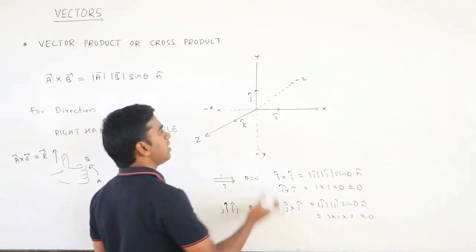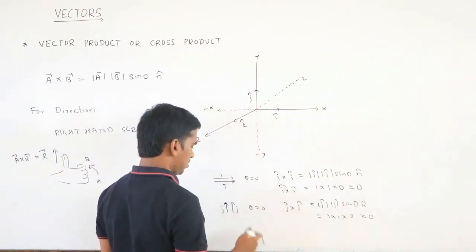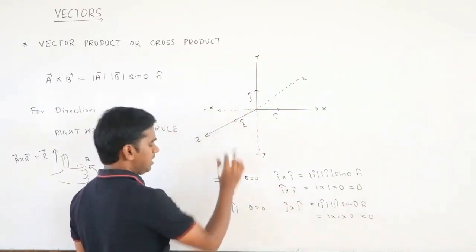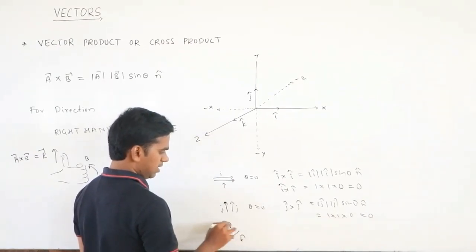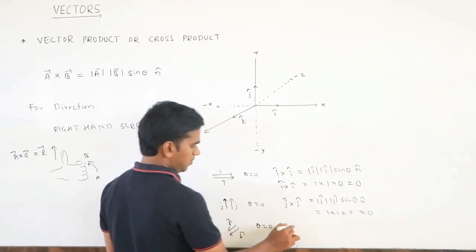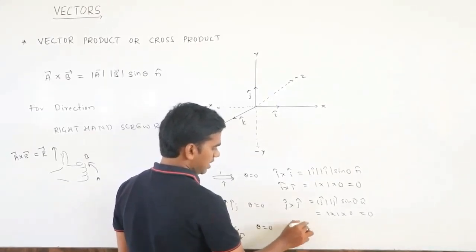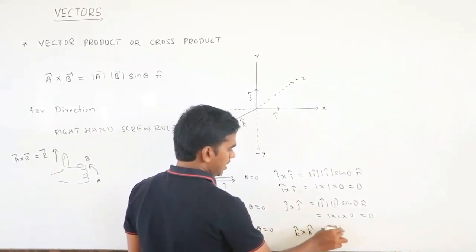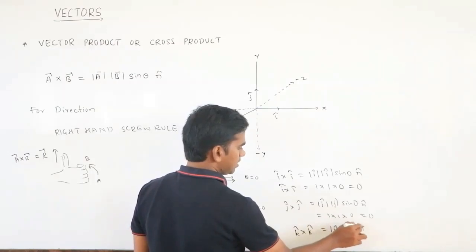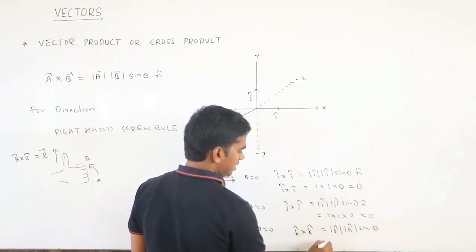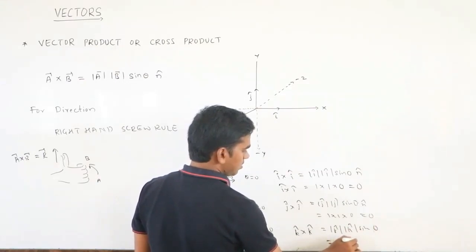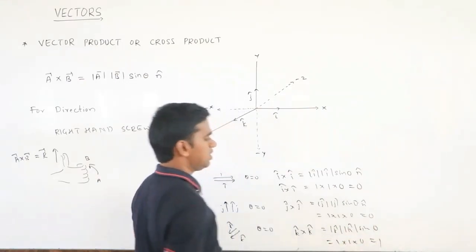You can say it is a null vector along the same x, y or z axis. Now along the z axis, k cap and k cap, theta is 0. So k cap cross k cap is 1 into 1 into 0, equals 0.